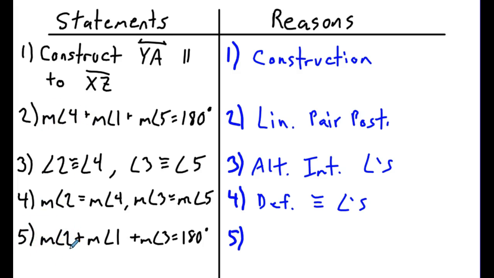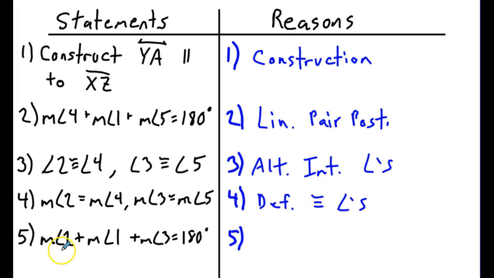Because those two values are equal, we can interchange them. Same thing with the measure of angle 3 and the measure of angle 5. Since the measure of angle 5 is equal to the measure of angle 3, I can replace the measure of angle 5 with the measure of angle 3 down below.